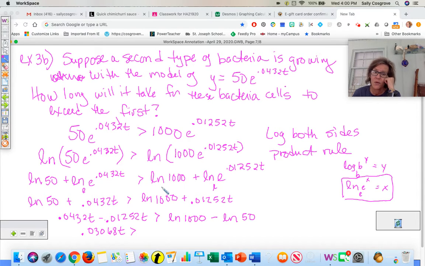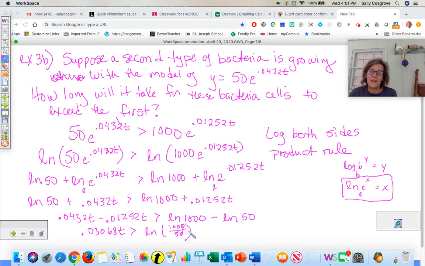Either way, we'll get the same answer. 1,000 divided by 50 is the same as 100 divided by 5, which of course is 20.